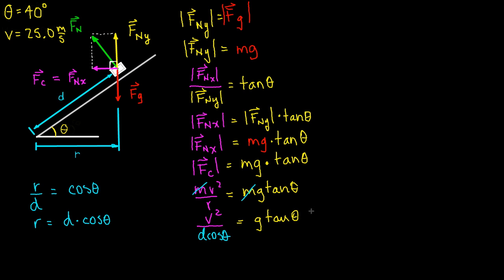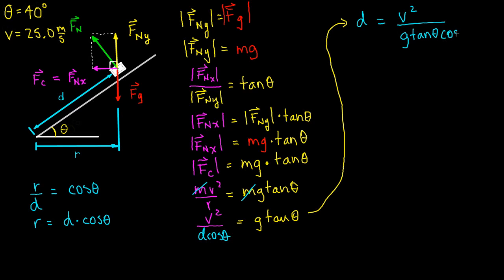So finally, if we rearrange this equation, we get that d is equal to v squared over g tan theta cosine theta. And that is simply v squared over g sine theta.